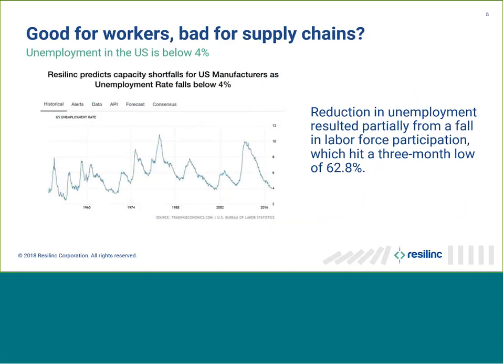So we're already starting with a little bit of a shortage as compared to our competitors in the global economy. And this continues to fall, due to aging populations, due to retiring, et cetera, et cetera.